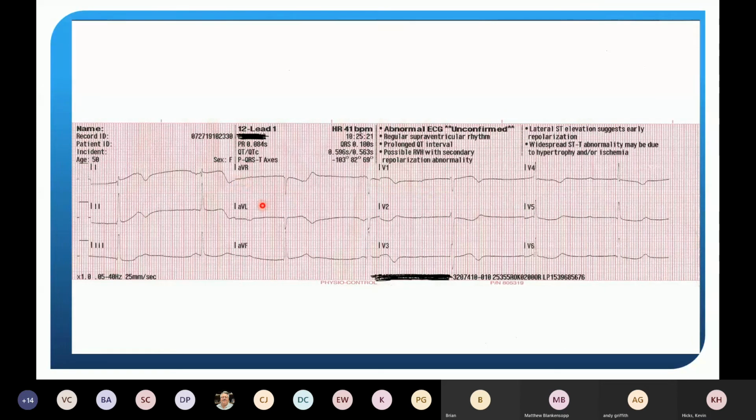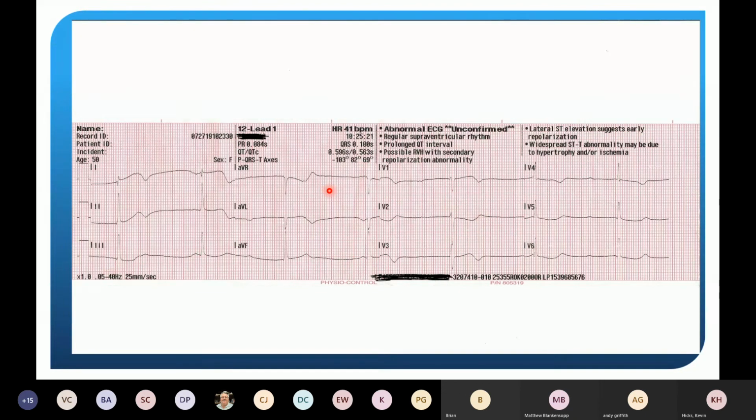Lateral V5 and V6, and AVL kind of flattened out, some T-wave inversions. 2, 3, and AVF, we got a little bit of ST depression, but nothing super scary except for the rate. V1 through V4, no true ST elevation, but still the rate is uncomfortable. And the last thing I look at is lead AVR. And I'm doing this in a matter of a couple of seconds. So I'm not going to spend 10 minutes looking at this because the patient is unstable. But on the 12 lead, I don't see an acute STEMI there, but definitely it's abnormal.